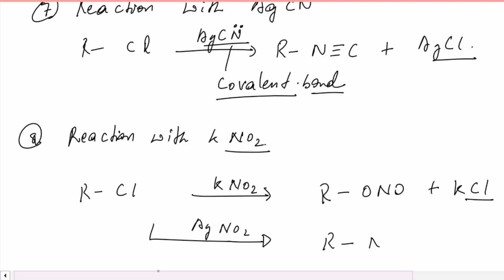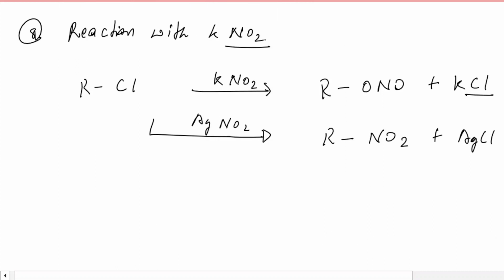Then what is formed here is RNO2 plus AgCl. So again NO2 is also an ambident nucleophile. Here the compound formed is nitrosoalkane, and this is simply nitroalkane.